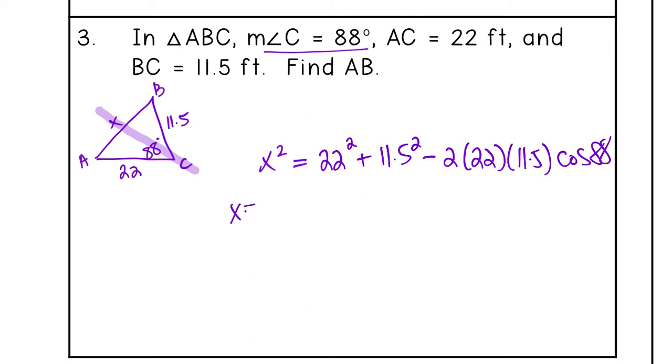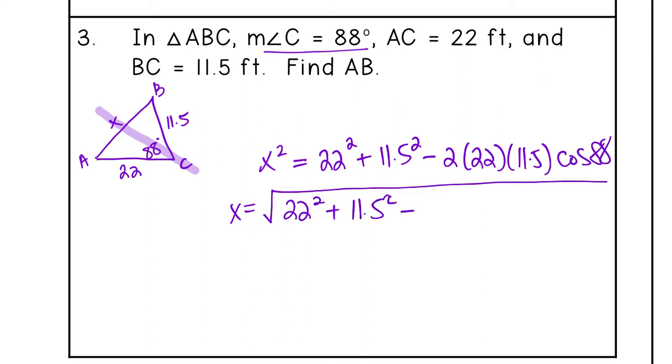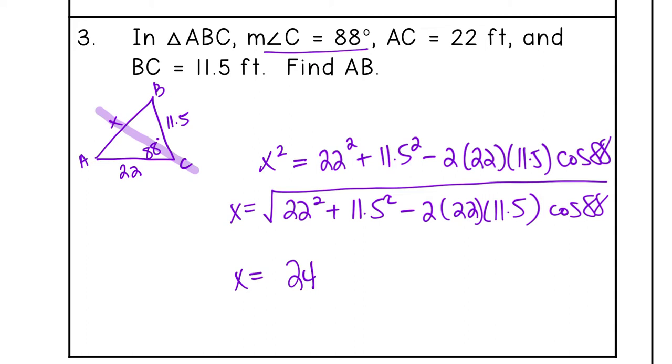Now we'll take the square root of both sides. And then type this all into the calculator, making sure that it is in degree mode. And when I do this, I get 24.5.